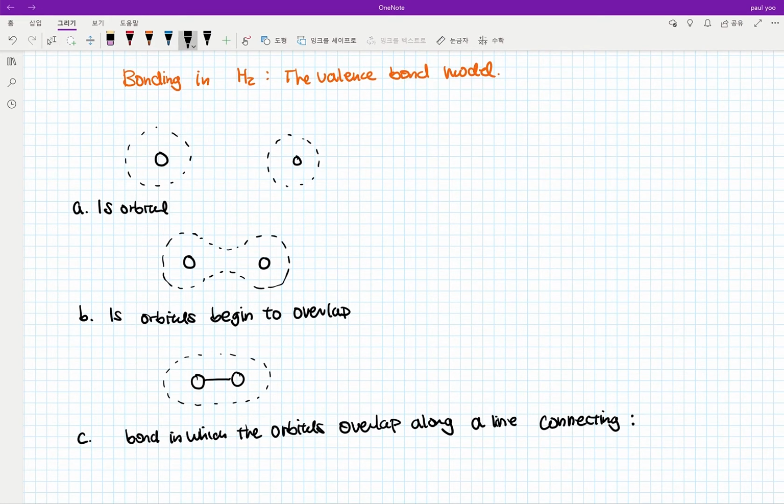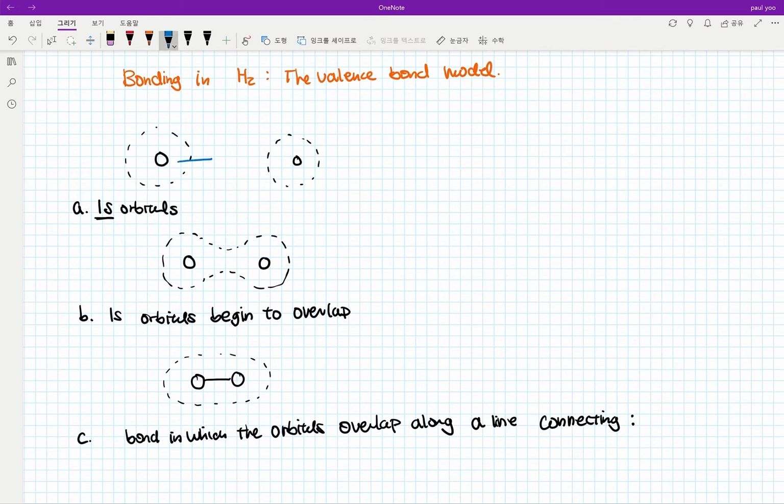Talking about the bonding in the hydrogen molecule, the valence bond model. In drawing A, we see the 1s orbitals in each hydrogen not overlapping at all.